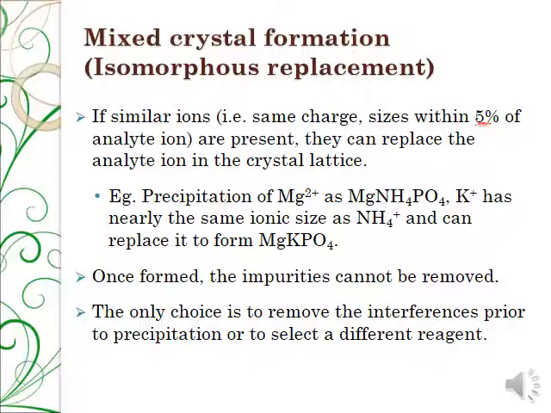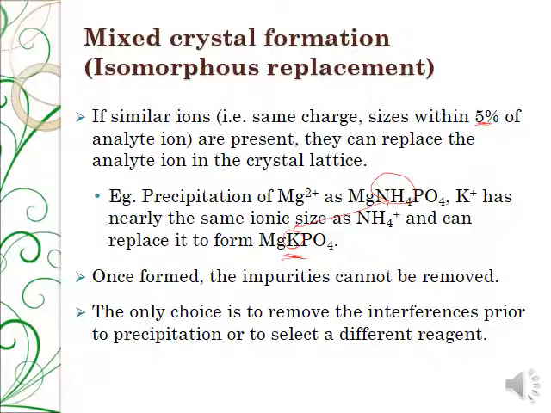For example, precipitation of magnesium as magnesium ammonium phosphate. Potassium has almost the same ionic size as ammonium, so it can replace it to form magnesium potassium phosphate instead of magnesium ammonium phosphate. This and this are similar in terms of size, so this can form also.